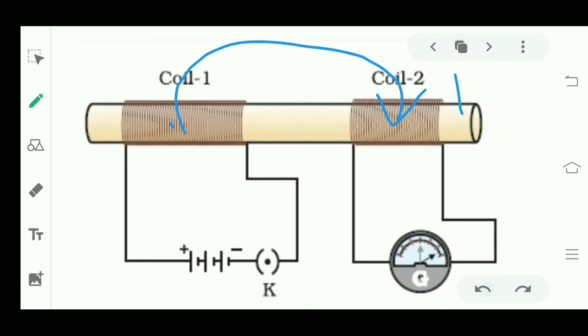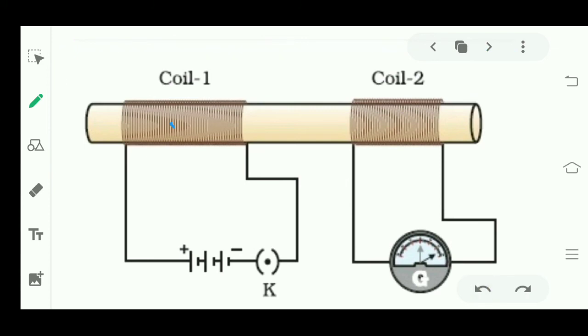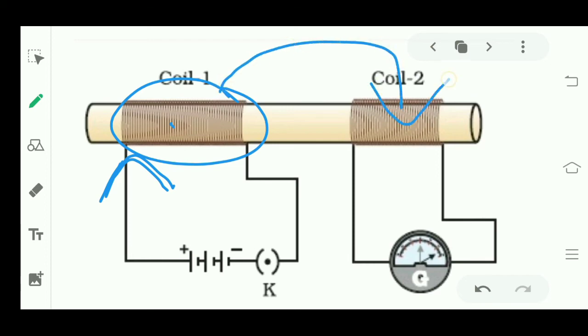This is the method which is known as electromagnetic induction. Electromagnetic induction means through electricity in one coil, how you can generate electricity in the second coil.